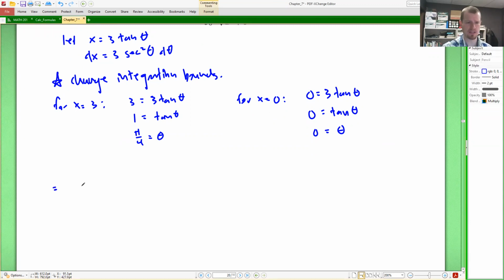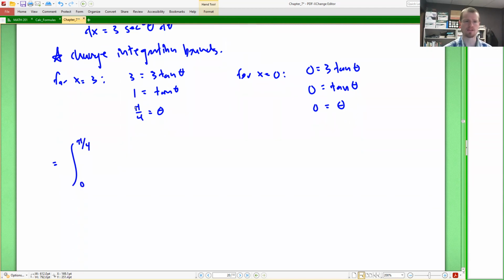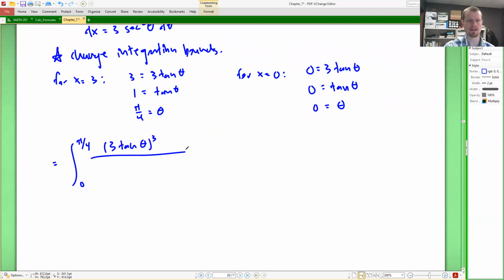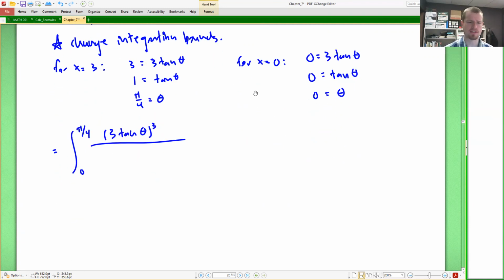So our integral becomes the integral from 0 to pi over 4, by the change of integration bounds. x cubed is 3 times tangent theta cubed, divided by our denominator, the square root of x squared plus 9.